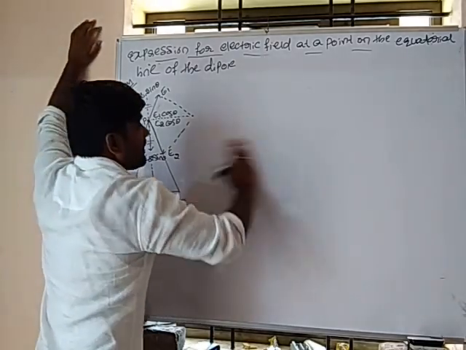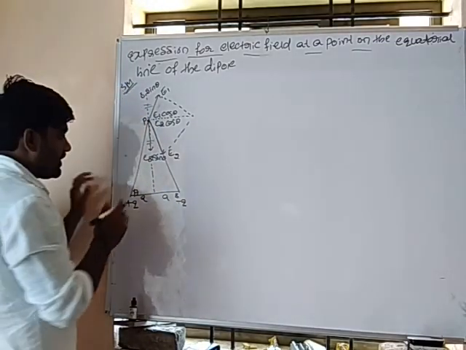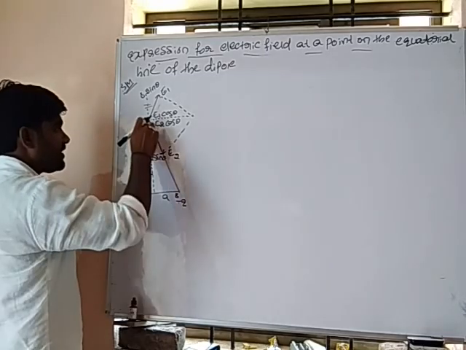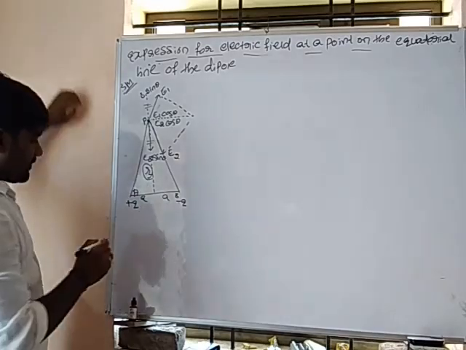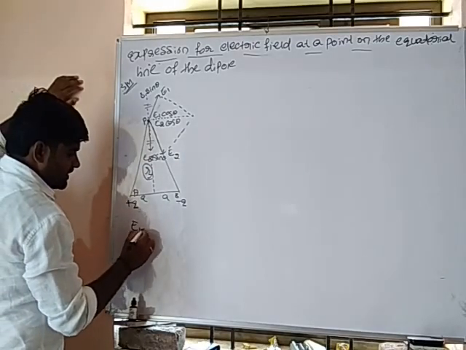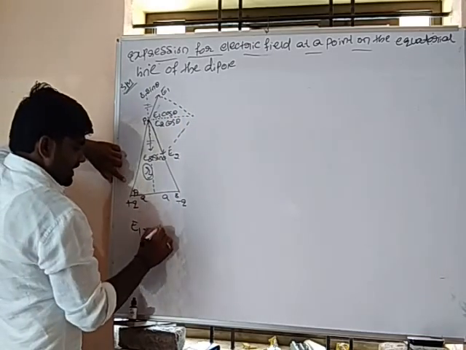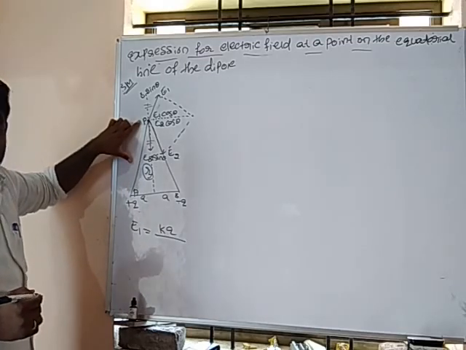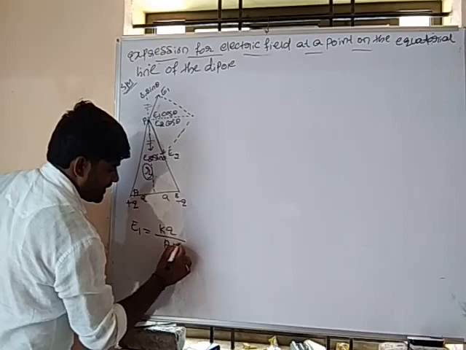Then how to calculate the electric field at this point? For E1, this distance will be R. Find E1: E1 is equal to KQ divided by distance. This distance we don't know, so I am taking it as AP square.